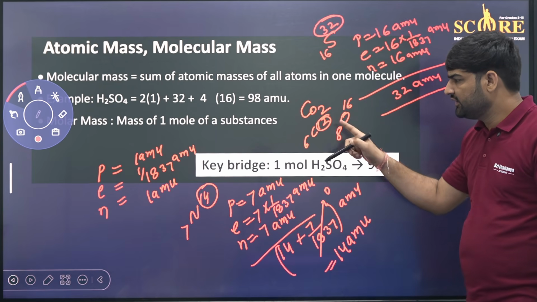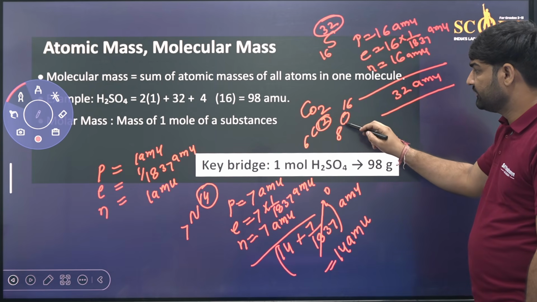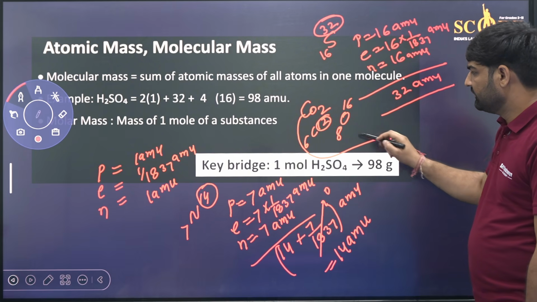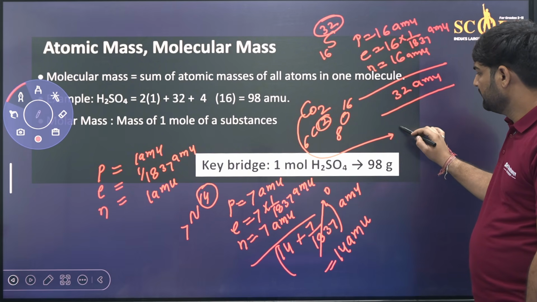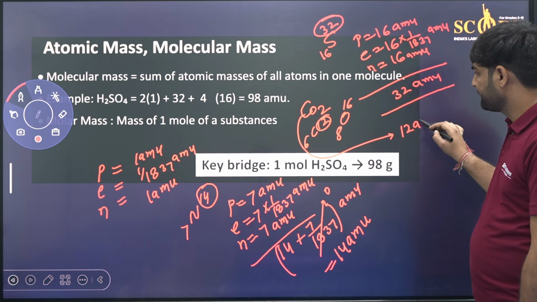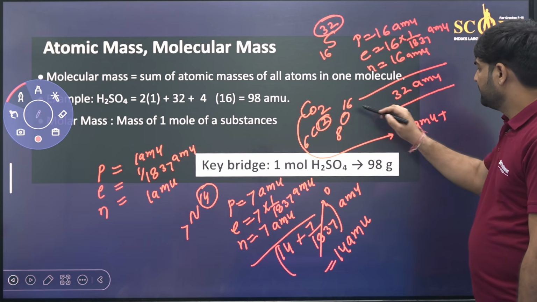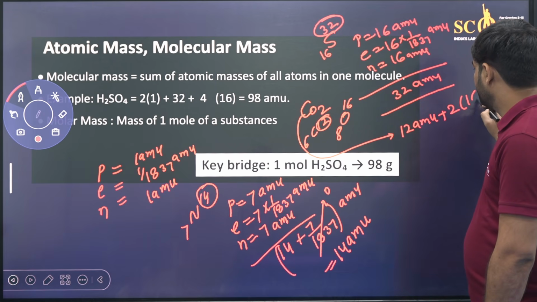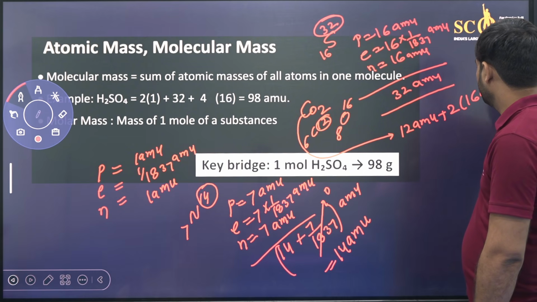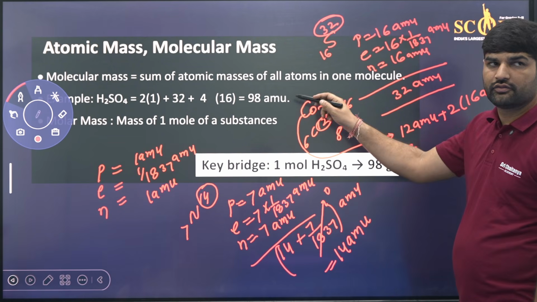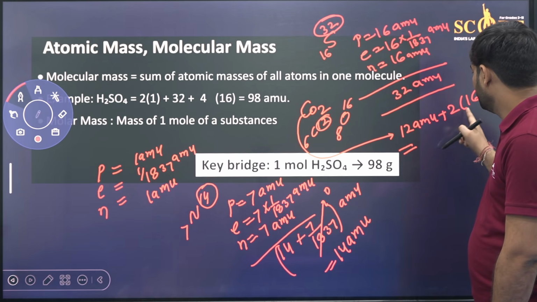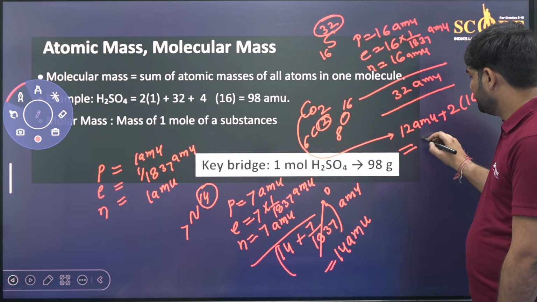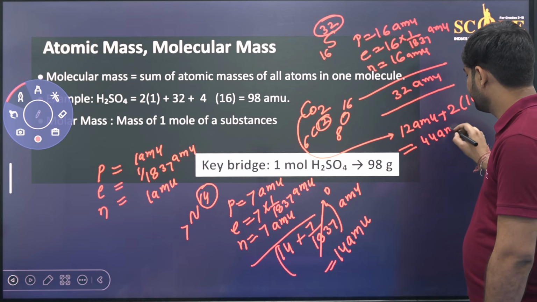Now you can say the mass of one CO2 molecule will be: one carbon atom has a mass of 12 amu plus oxygen atoms with mass 16 amu each. Then the total mass of one CO2 molecule will be 32 plus 12, it means 44 amu.